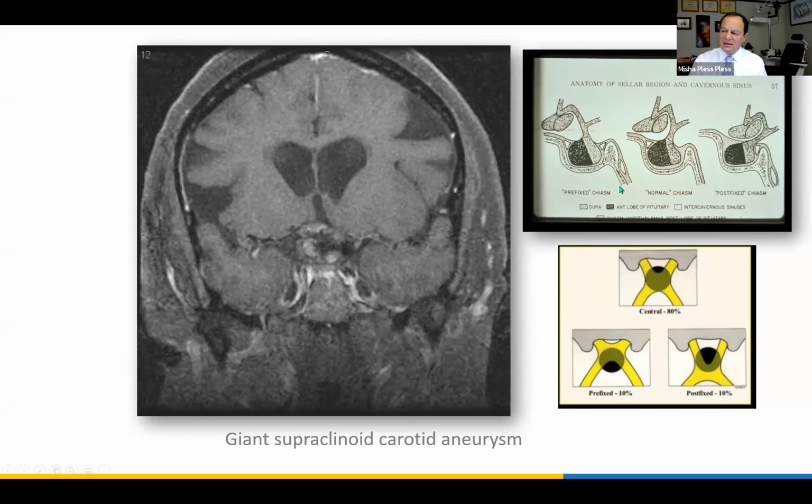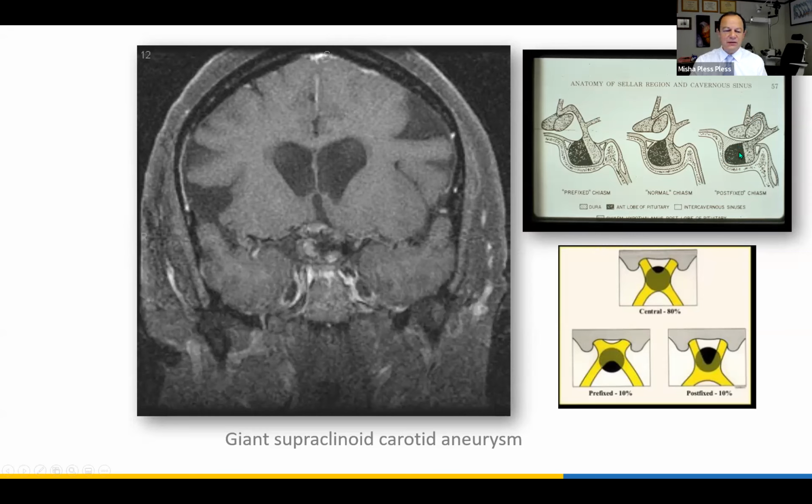If the chiasm is prefixed, that means the crossing is prior to the pituitary gland. Any growth in that region might actually cause an optic tract type of visual field defect. However, if the chiasm is post-fixed, that means what sits on top of the pituitary gland is actually the optic nerves and not the chiasm.